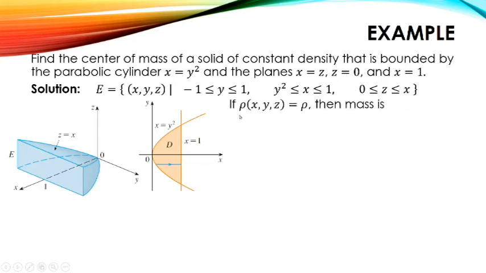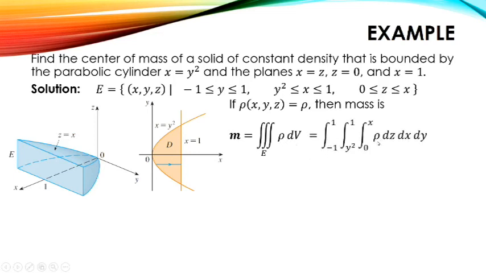So if the density function is a constant, let's say rho, then the mass is equal to the triple integral of the constant density function rho dV. So we have rho dz dx dy, where z is from 0 to x, x is from y squared to 1, and y is from negative 1 to 1.